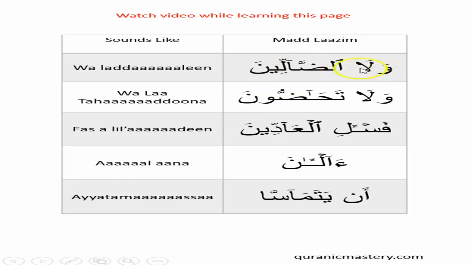Here's some practice. وَلَا الضَّالِّينَ. If you notice, the sound sort of stays on the lam because of the shadda, and you also raise your voice a little bit when you're saying the next shadda word after the med. This is part of the accent of reciting the Quran.